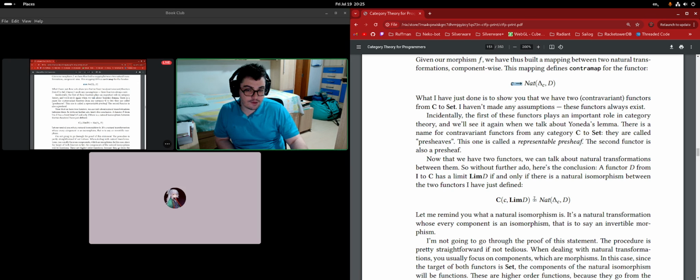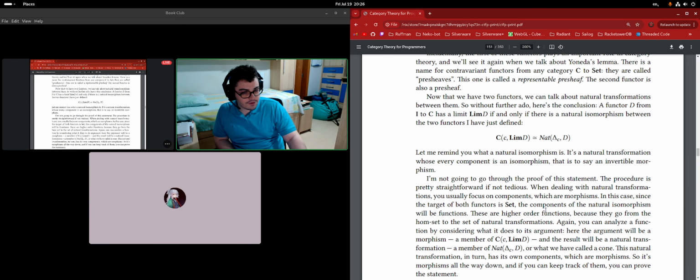This is applied to both, but it's being removed by notation for some random reason. Let's remind ourselves what a natural isomorphism is. It's a natural transformation whose every component is an isomorphism. That is to say, an invertible morphism. I don't know if I understand what that means.